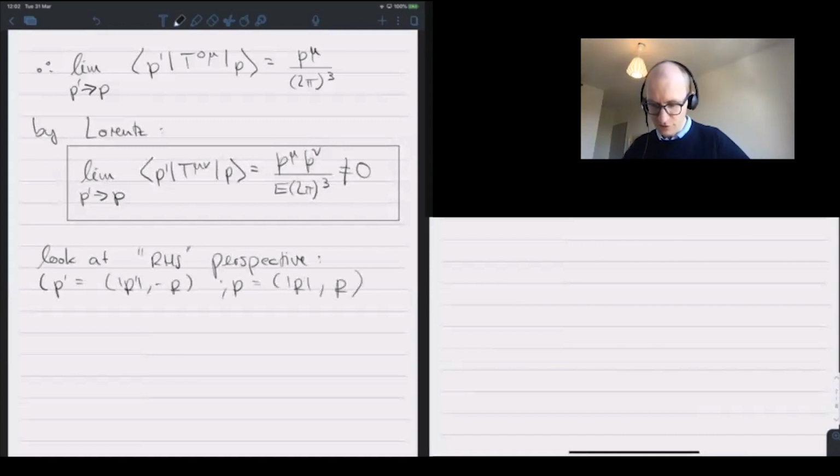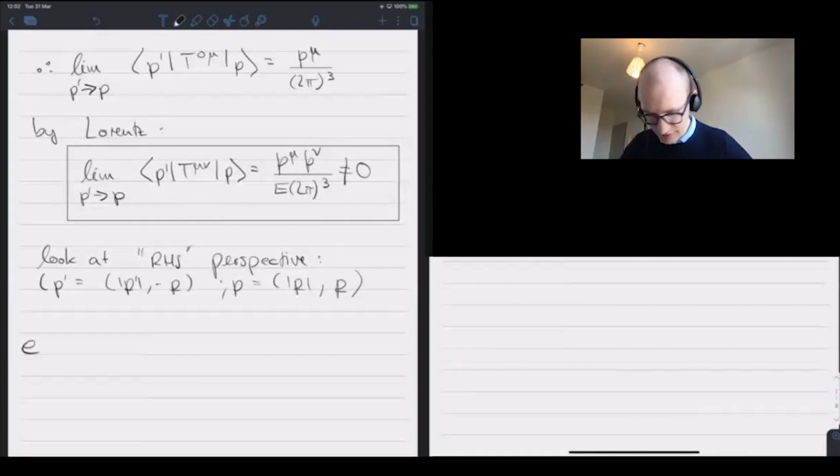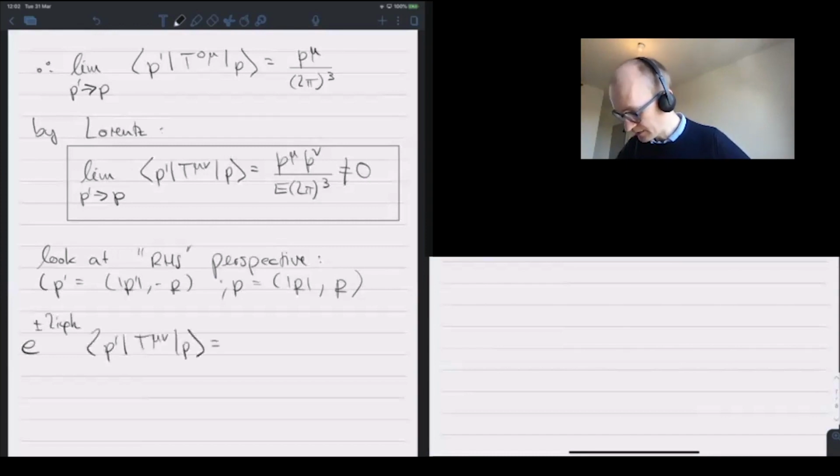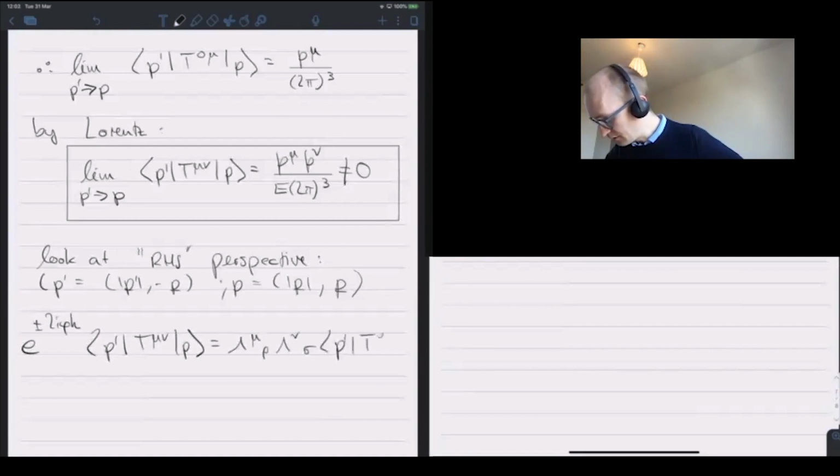But now we have twice, so we have the equation plus or minus 2I phi h of p primed t mu nu p. That now has two factors of the Lorentz matrix, lambda nu rho, lambda nu sigma, p primed t rho sigma p.